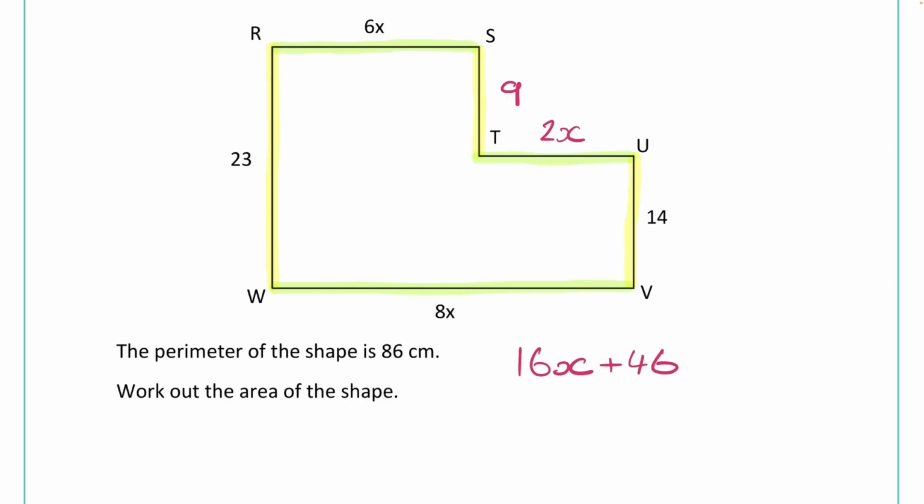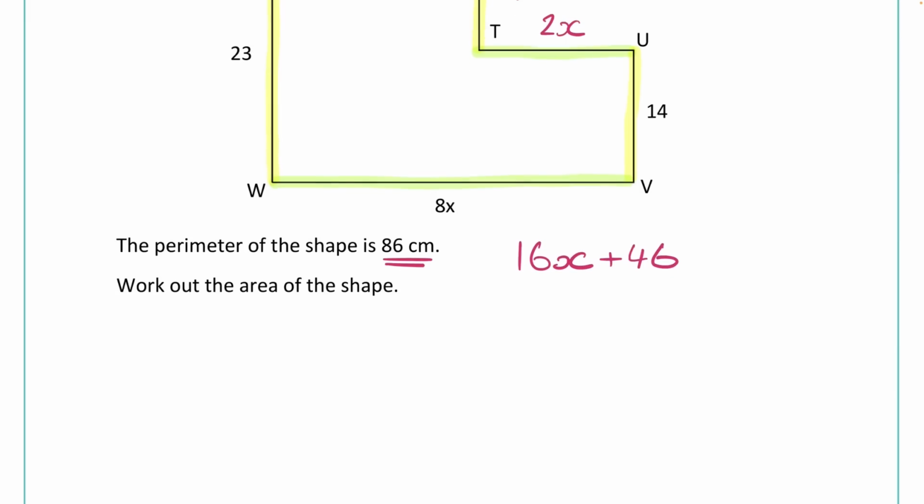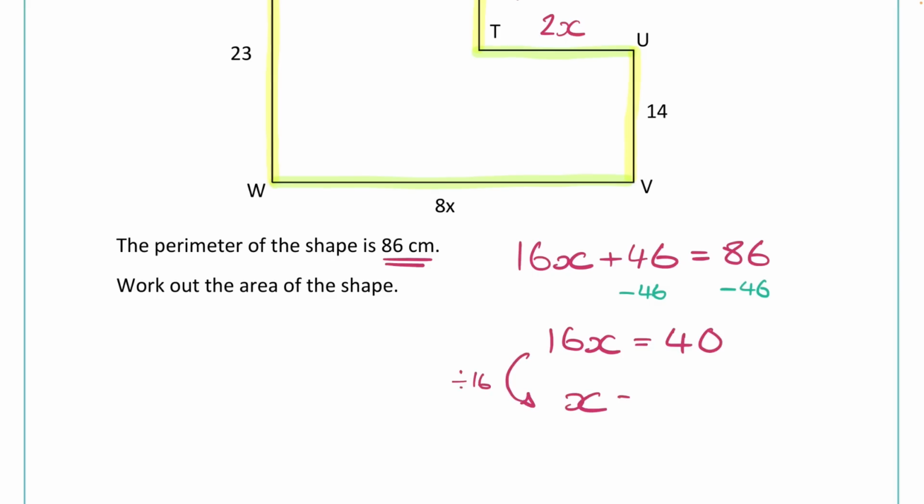But it does tell us the perimeter is equal to 86, and therefore this expression is equal to 86. So from there, we can solve this equation and find out the value of x. If we take away 46 from both sides, we get 16x is equal to 40. I can now solve that equation, dividing by 16, and we get x is equal to 2.5.